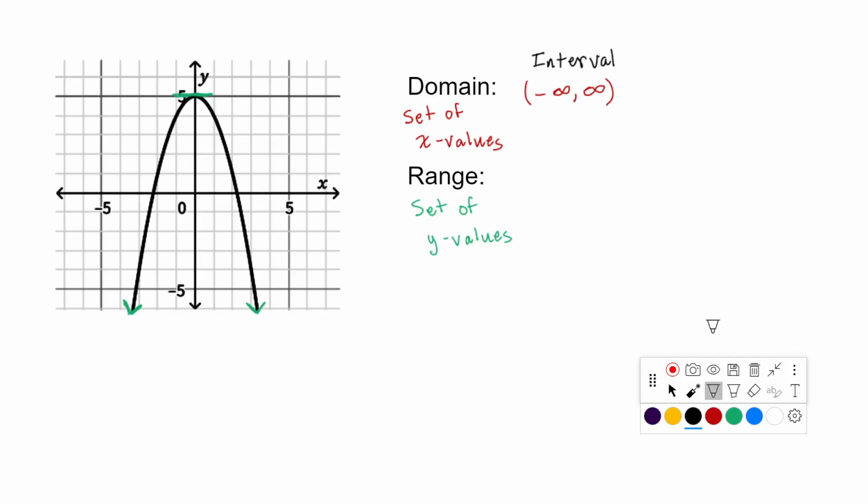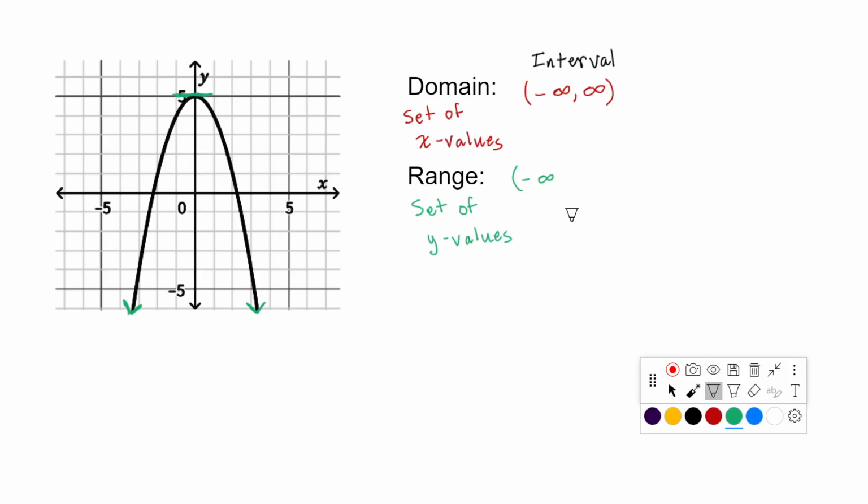The range, I've already pointed out, this particular graph has a maximum point, so it doesn't go any higher, but it does continue to move downward. Even though we're looking at this from a maximum continuing downward, when I write my range, I start with the smallest value, which is negative infinity. And notice, each time I have an infinity symbol, I have parentheses.